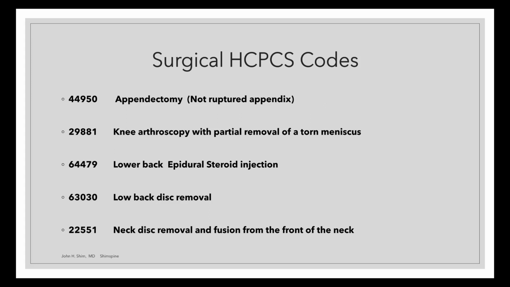Common surgical procedures include 44950 for removal of appendix, 29881 for knee arthroscopy with partial meniscectomy, 64479 lower back steroid injection, 63030 lower back disc removal, 22551 neck disc removal and fusion from the front.